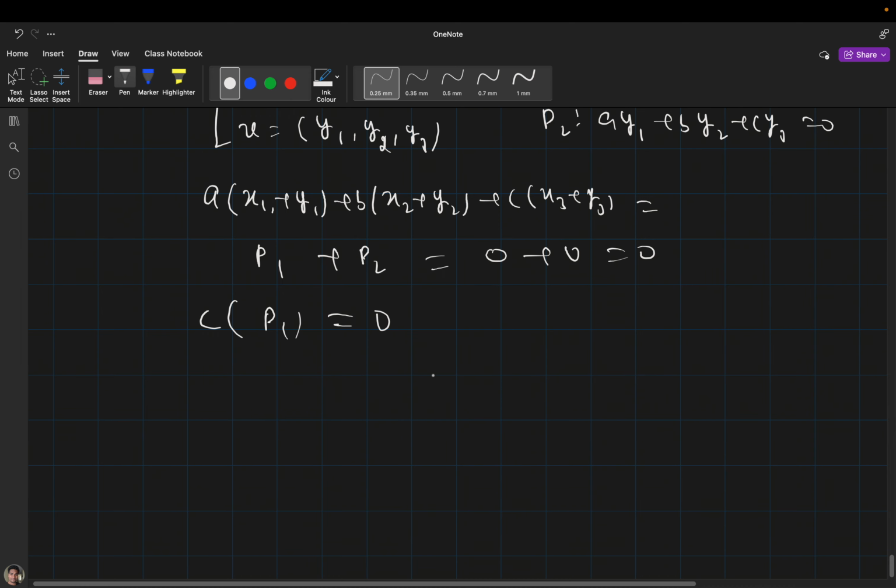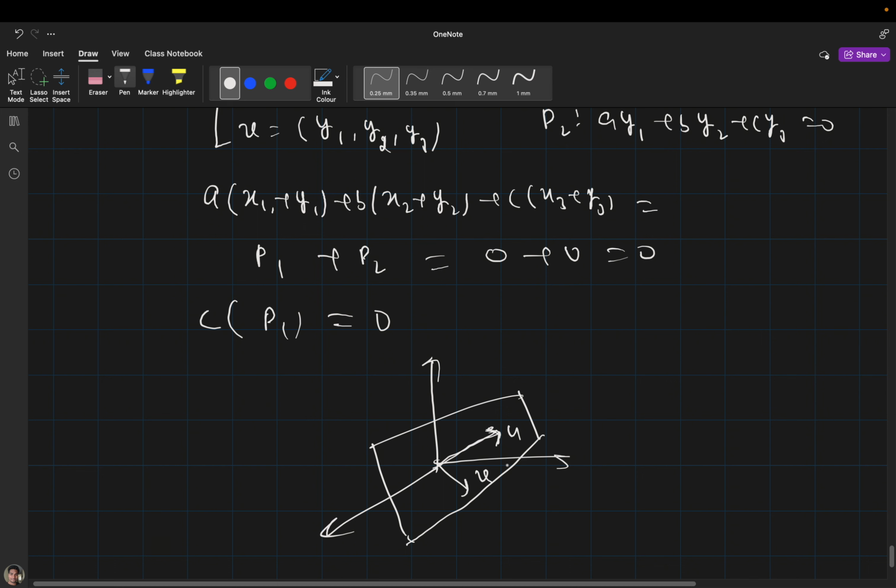We can also think like this: such a plane is passing through the origin. Let's take one point u passing through the origin, and another, v.